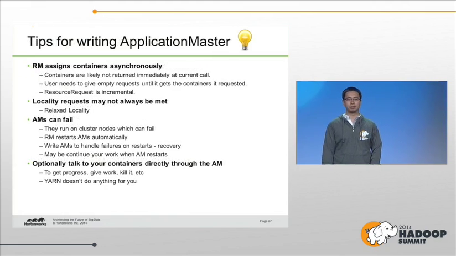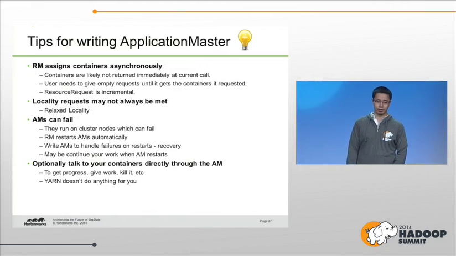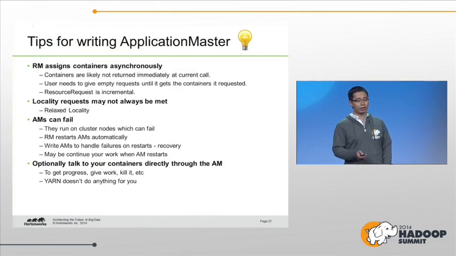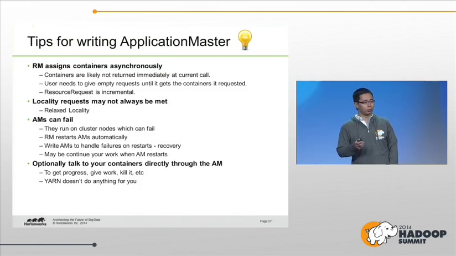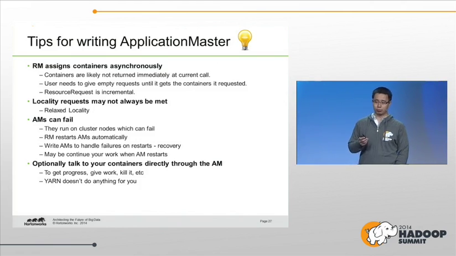Here are some tips for writing an application master. First of all, as I mentioned before, the Yarn component is going to handle things in an asynchronous way. For the container allocation, it is the same here. So when you request a container, you may not get the container immediately.